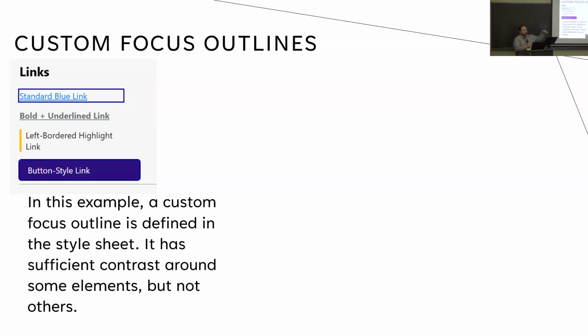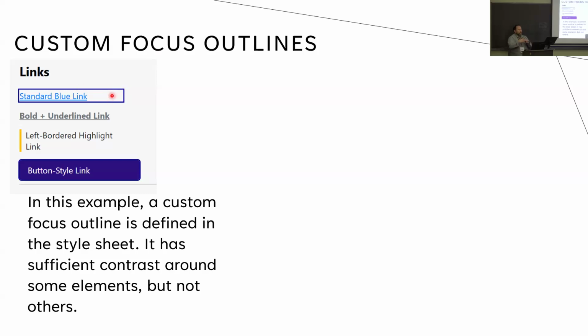And they made it this dark blue color. It's really visible around the standard text links. But once we get down to this button style link, when that receives focus, it's the same color as this custom focus outline that they did here.